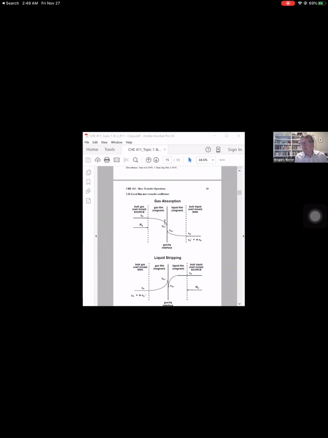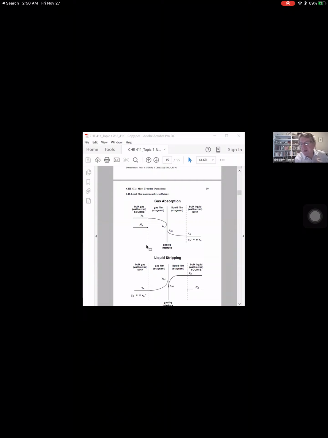And remember, at the gas-liquid interface, there's this case where we have local equilibrium, where there is thermodynamic partitioning between the solute distributed between the gas and the liquid phase, but only at that point within the process. Now, what we further did was we defined an overall mass transfer coefficient.